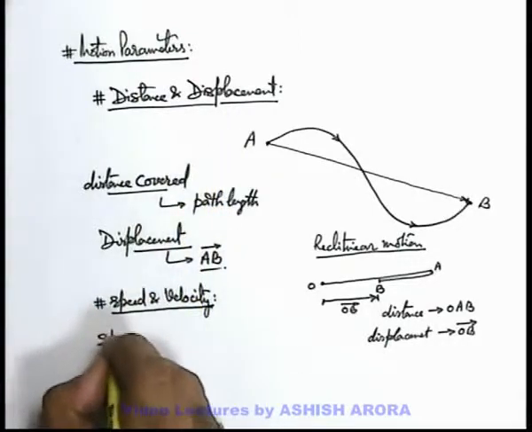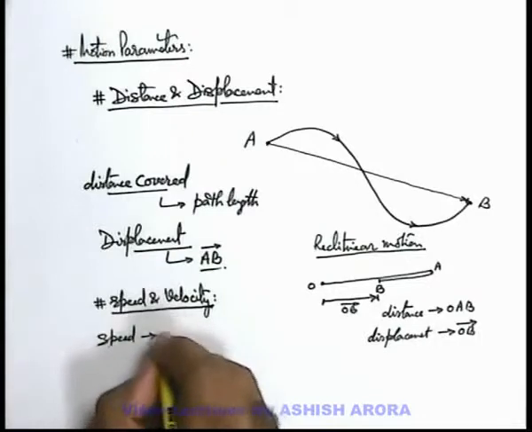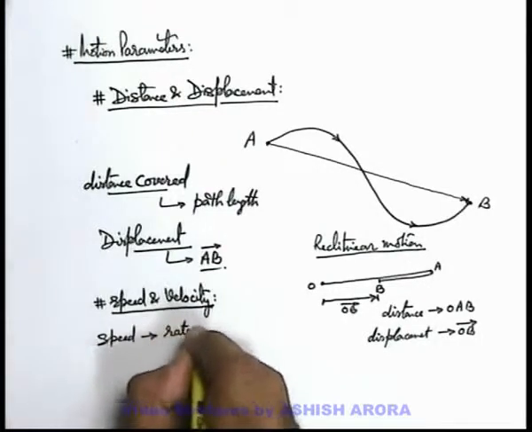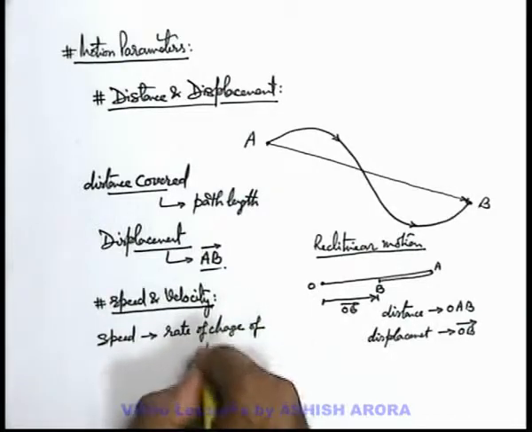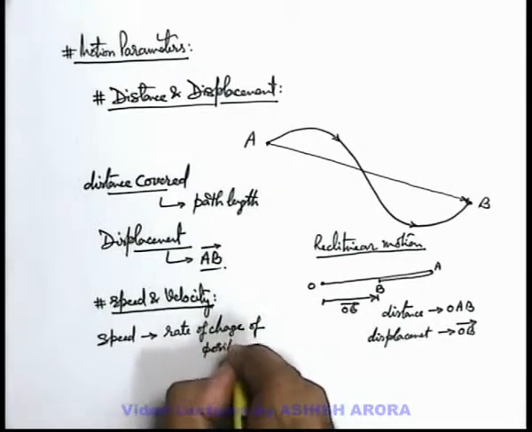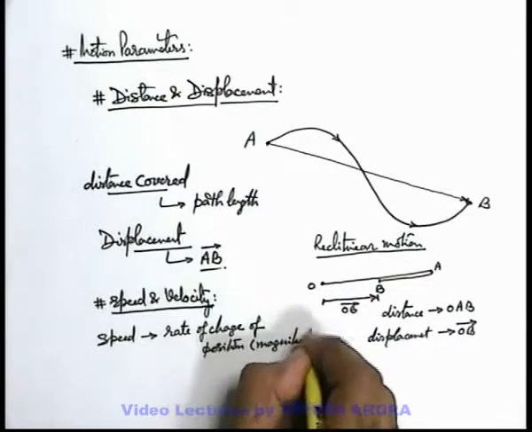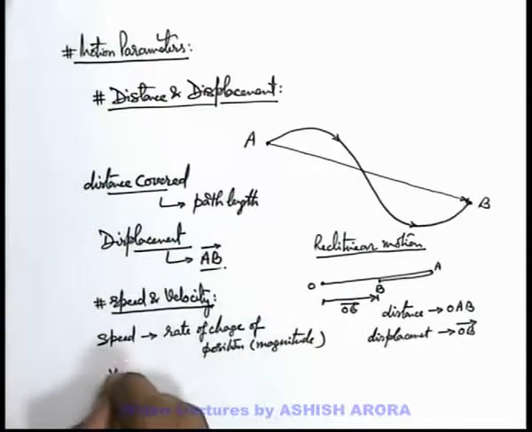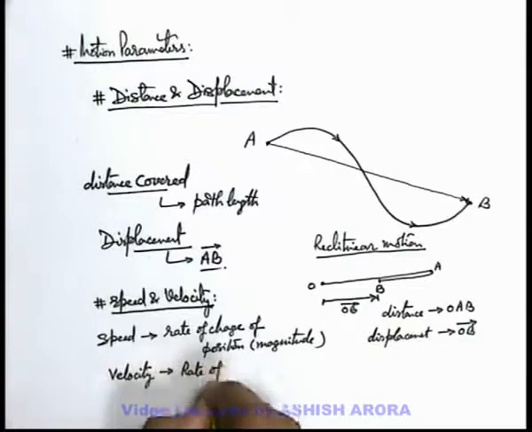So if we talk just about speed, you can simply call it the rate of change of position of the body, and here we measure only the magnitude. But velocity is also given as rate of change of position.